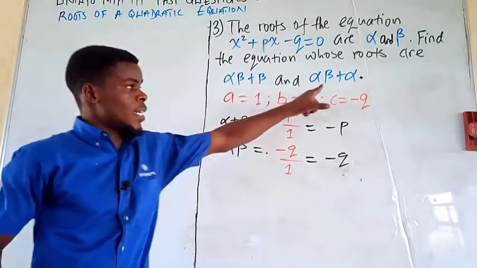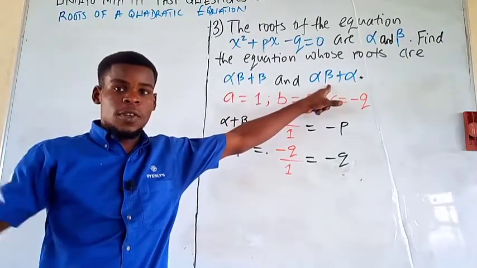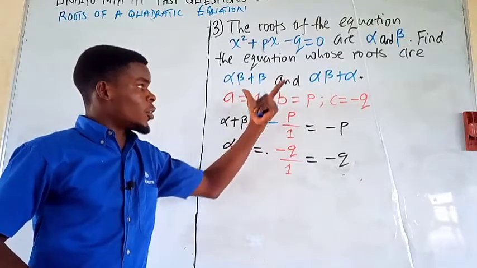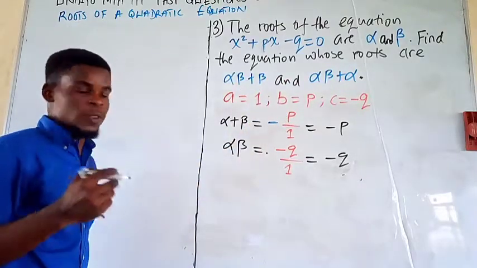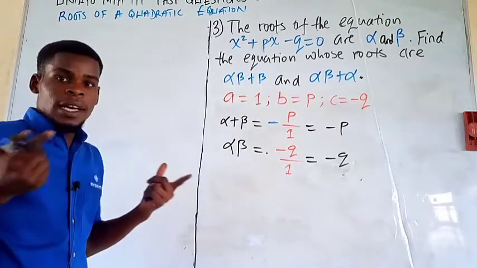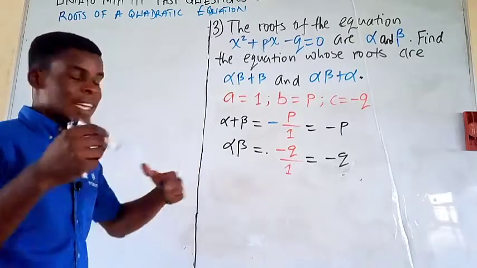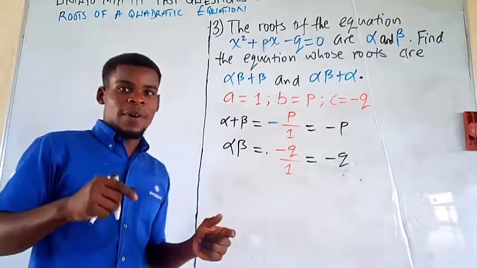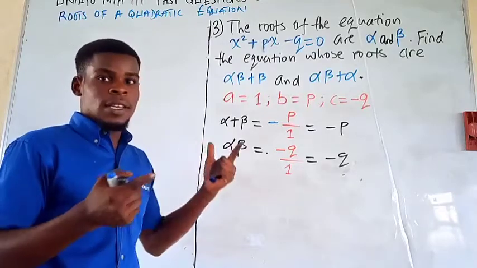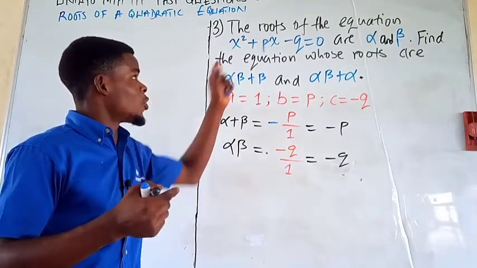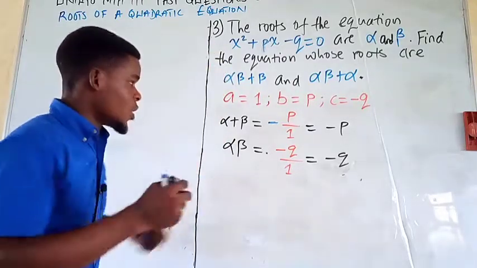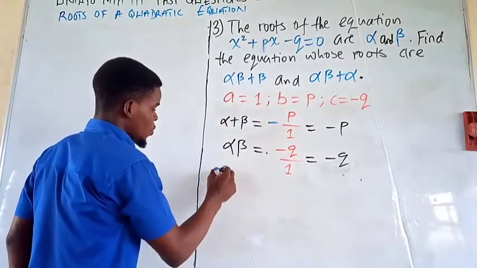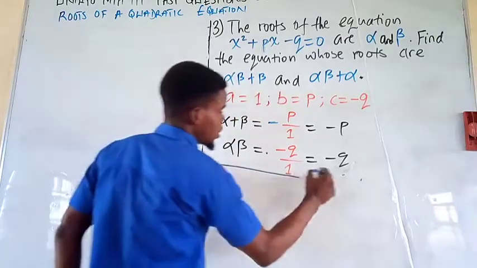Now, we are going to consider the roots of the new equation we are given. By considering the roots, it means that the sum of those roots will give us negative b over a of that new equation, alright? So the coefficient of the x variable divided by the coefficient of the x square of the new equation. So that means that the sum of those two roots, let me put this down.